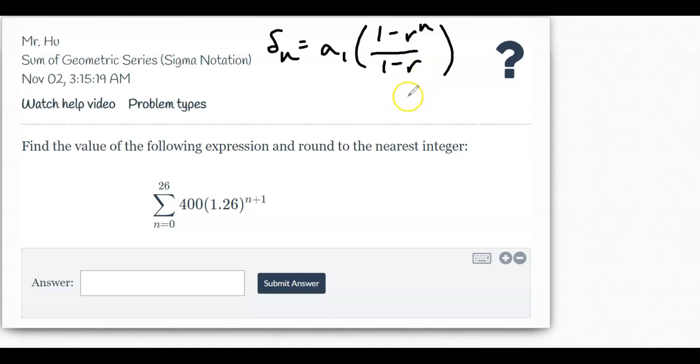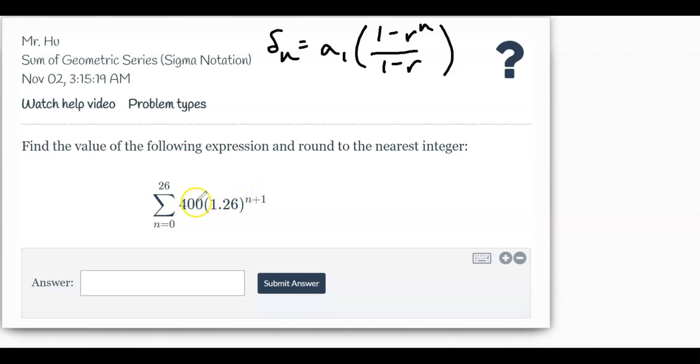And I'm going to go ahead and take a look down here. Again, I'm starting at 0, so I have to again think about my n as being increased by 1. So be careful on that one. But let's take a look. I'm summing from 0 to 26 with this little geometric sequence, 400 times 1.26 to the n plus 1 power.